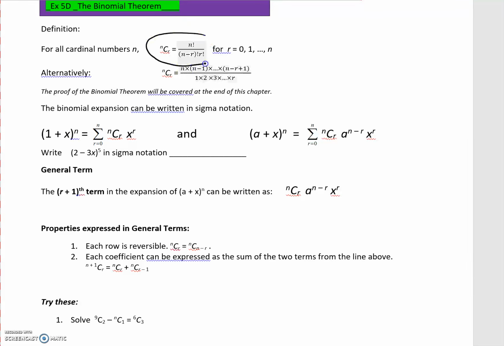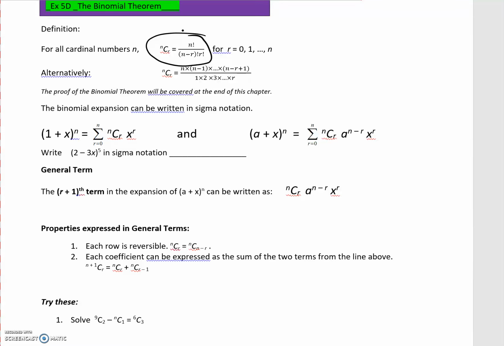This is the binomial theorem: nCr, the coefficient used in a binomial expression that comes from Pascal's triangle, is defined as n factorial over r factorial times n minus r factorial.